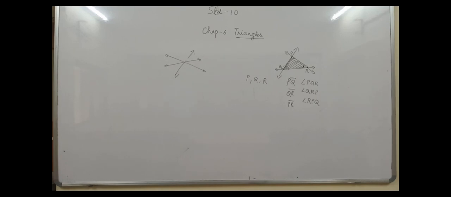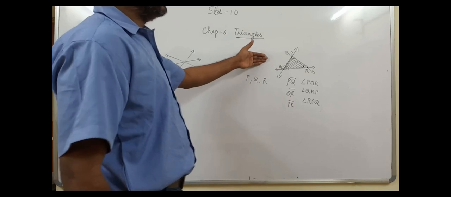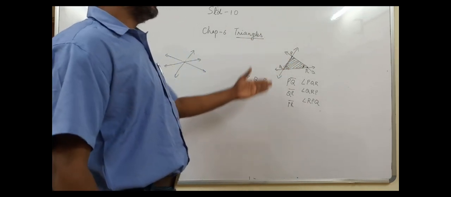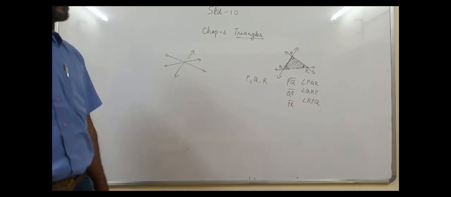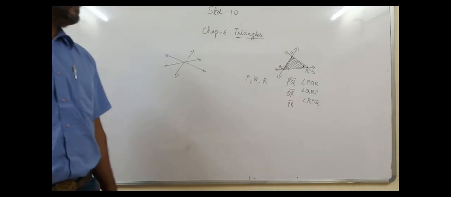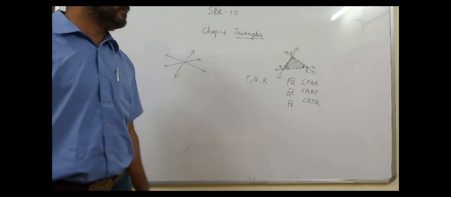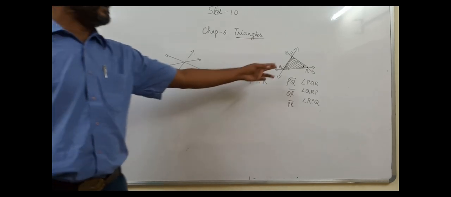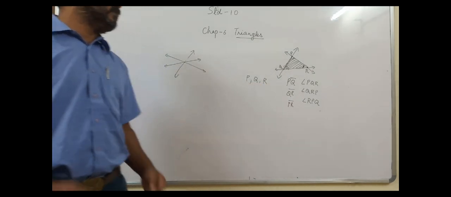And then the classification. The triangles based on the sides. If all the 3 sides of a triangle are equal, it is said to be an equilateral triangle. If any 2 sides are equal, it is an isosceles triangle. When no sides are equal, it is a scalene triangle. All the angles are acute here, so it is an acute angle triangle.